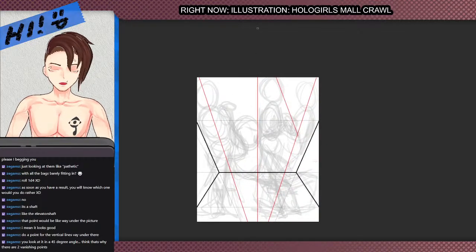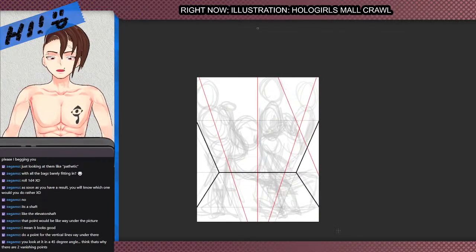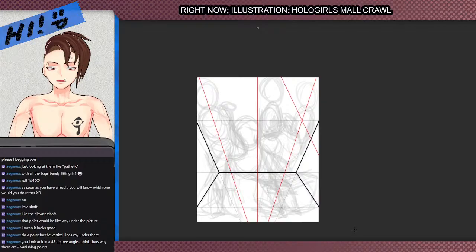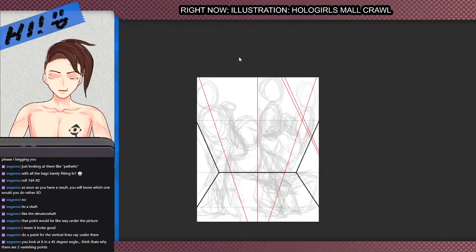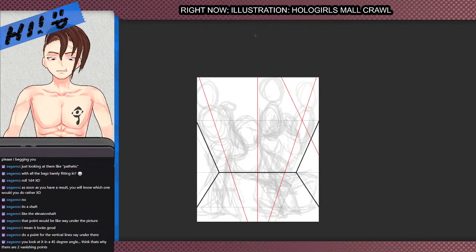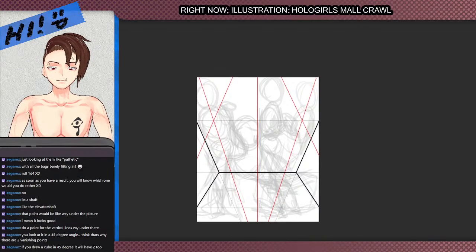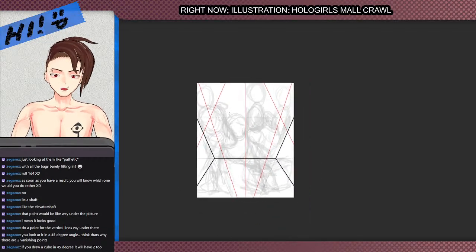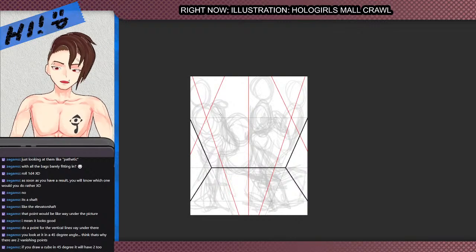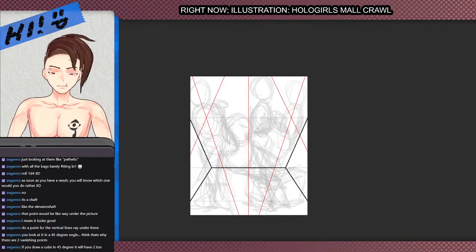One is going to be up here, you know what I'm saying? If you draw a cube at 45 degrees, it will have two points too.